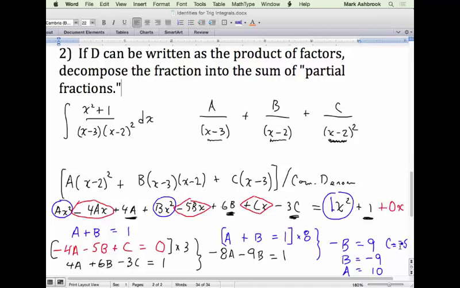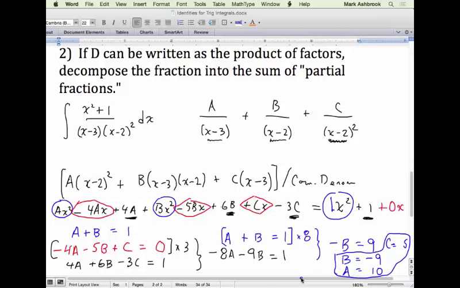Positive 5, thanks. Okay, so there are our values of a, b, and c. Those will be fractions sometimes. These were not. We like that, but you were going to get some fractions for these coefficients.